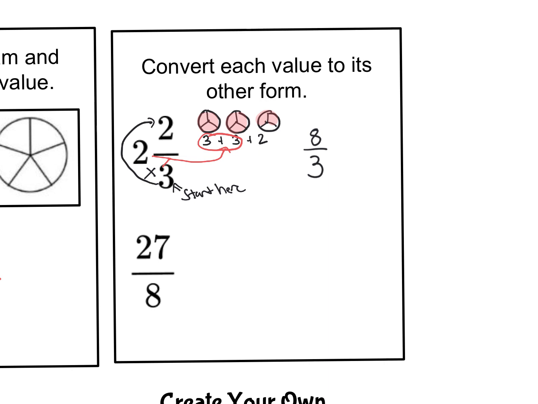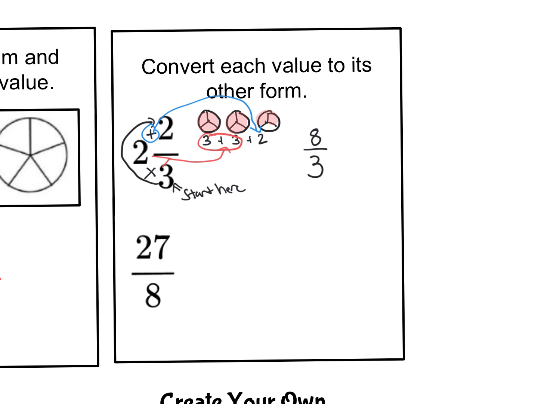And then we add the numerator, which is what we did here. And that's another way that we can get 8/3, because I would do 3 times 2 is 6, plus 2 more is 8. So we ended up with 8/3.